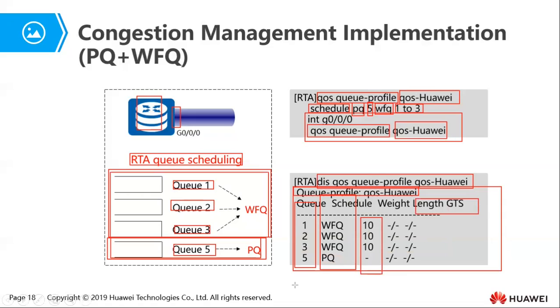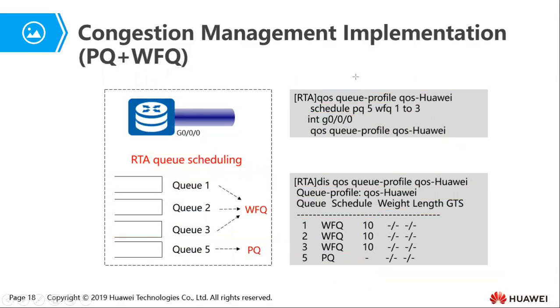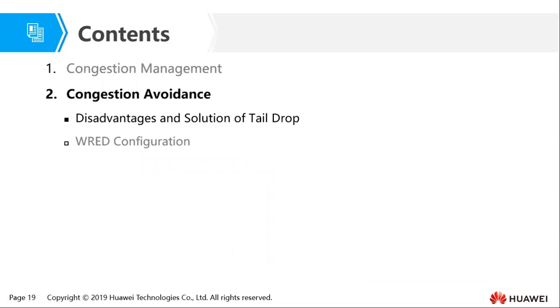We can see that Q1, Q2, Q3 use weighted fair queue. Weighted fair queue normally has weights for each queue, but PQ does not have weights. So that is it for configuration of congestion management.